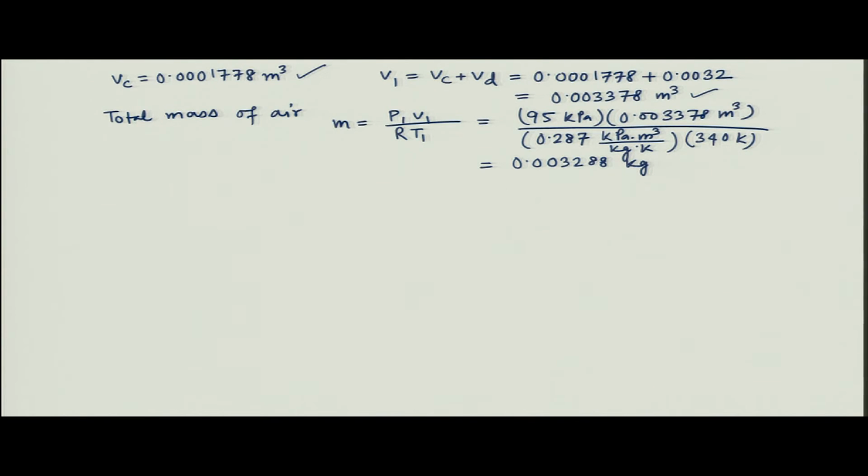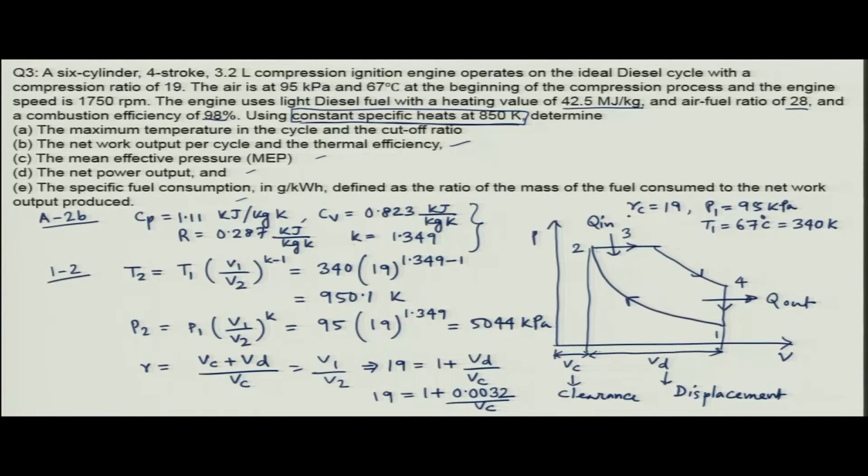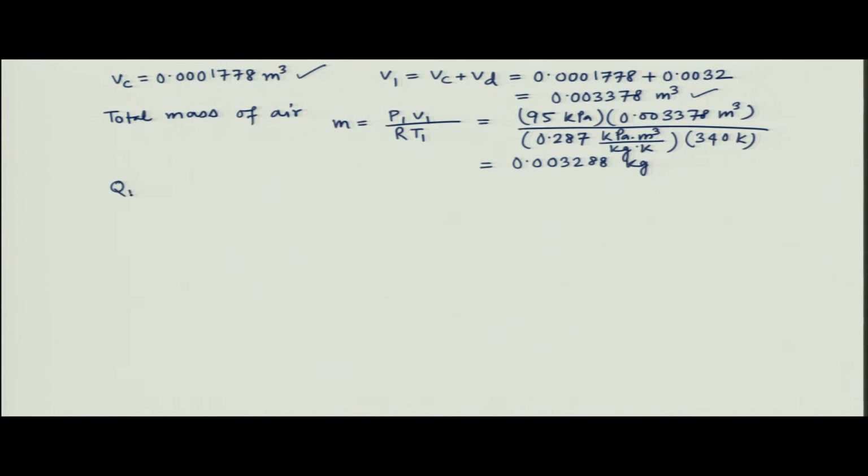And now we can find the amount of fuel that is burnt, because we need to find the heat addition during the constant pressure process. We have to find Q in. So, Q in can be found from the mass of fuel multiplied by the heating value, and then the combustion efficiency, eta combustion.